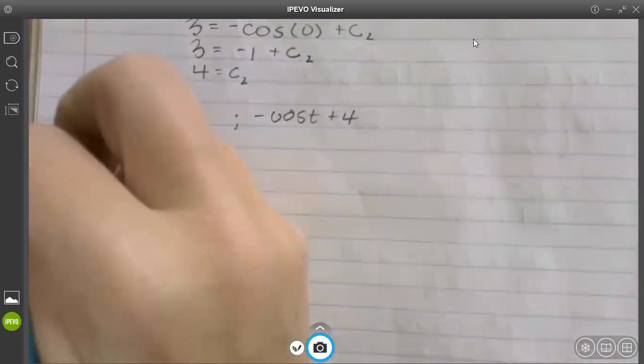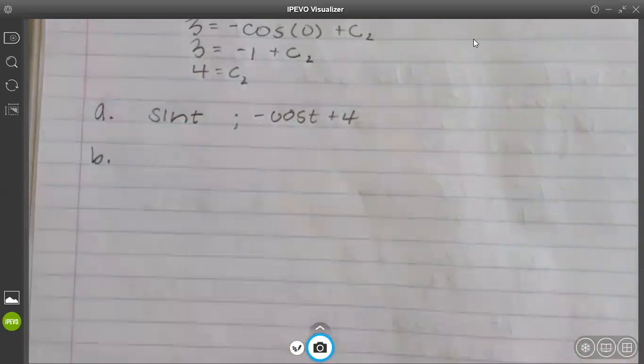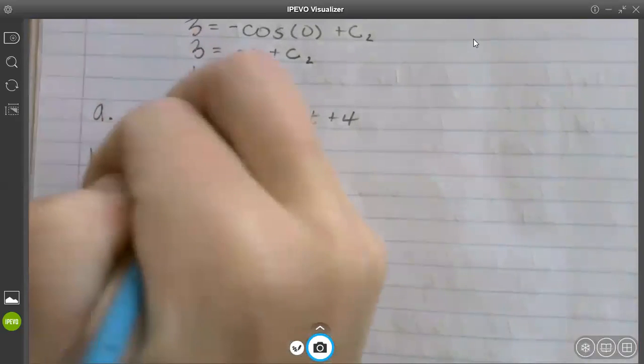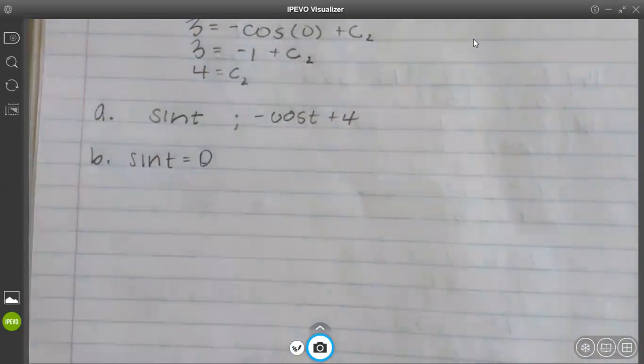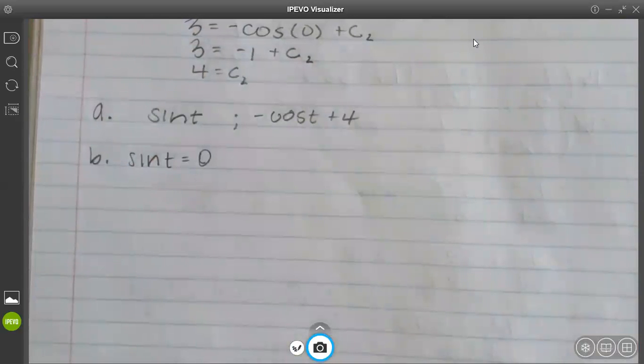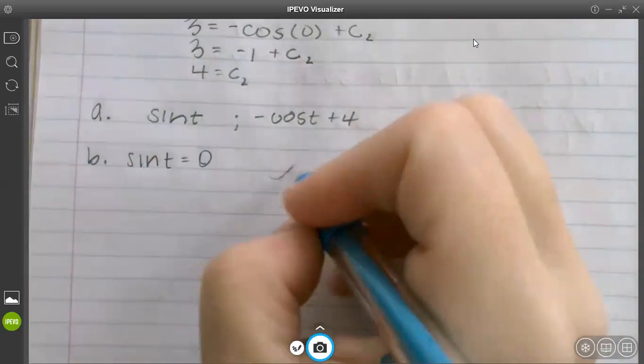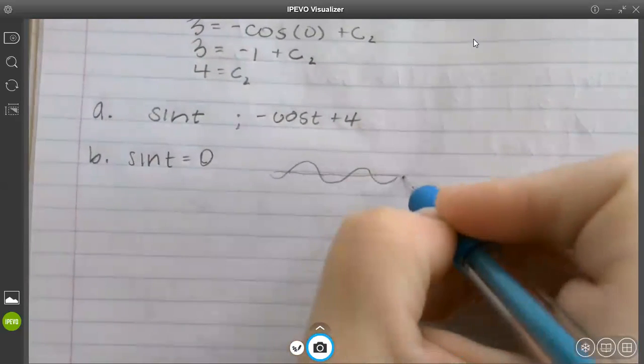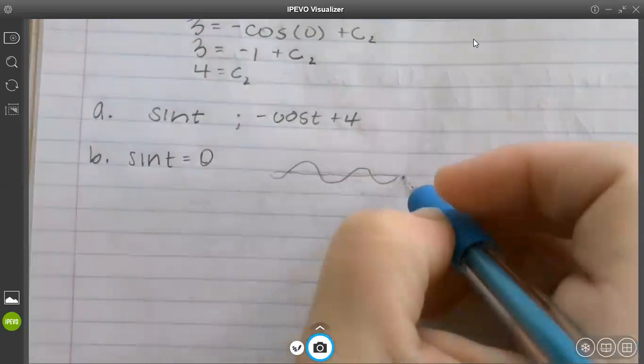What does B ask you to do? Well, you're using sine T for this. When it's at rest, it's not doing anything. What do we know about a sine curve? Yeah, so it looks like this, right? So if this were your x-axis, you have multiple x-intercepts, so multiple times that it equals 0.